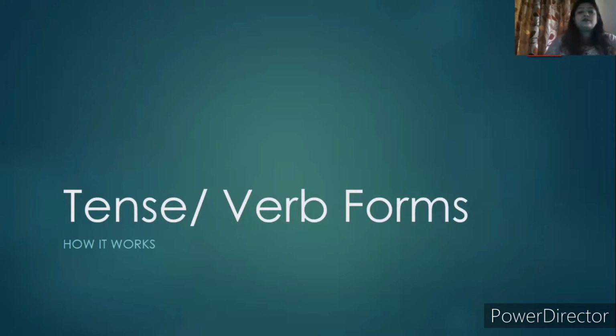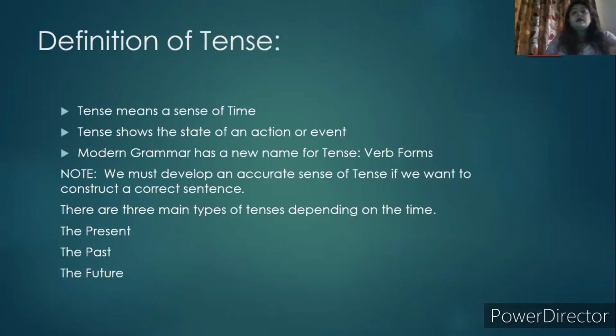Now, tense or verb forms. The definition of tense. Before going on to the types, we just want to go quickly over what tense is. Tense actually means a sense of time. Whenever we are doing an action, that action would either belong to the present time, or to the time which is already past, or a time which is going to come in future.